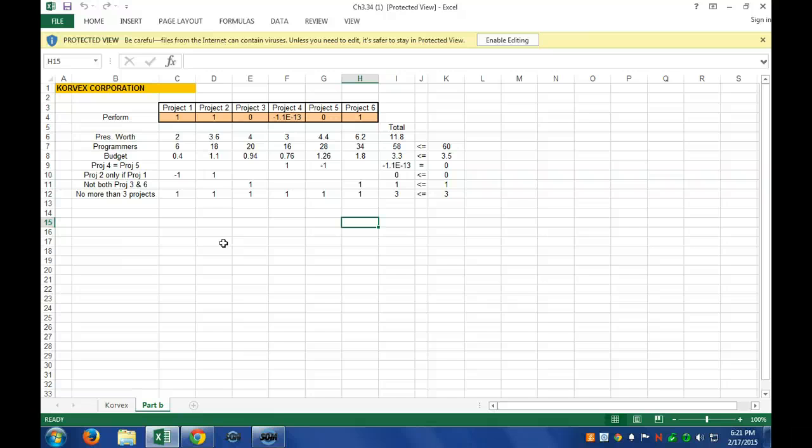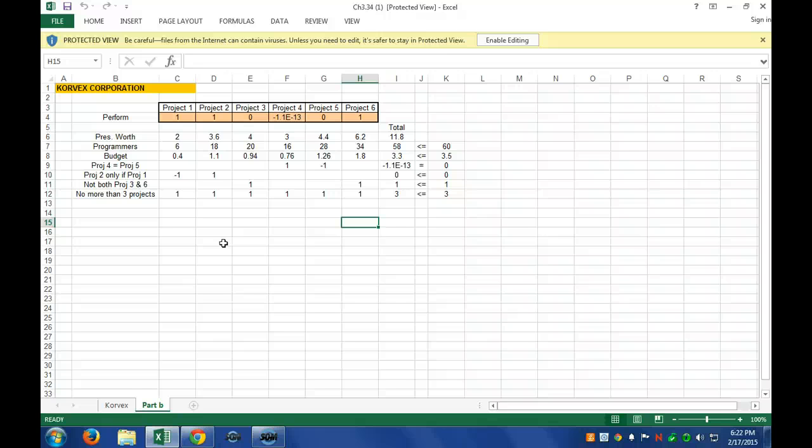That ends up giving us a present worth of 11.8 million. We end up using 58 programmers of our 60, and 3.3 million. It looks like we do neither 4 nor 5. We do both project 1 and 2. We do project 6 but not project 3, so we're okay there. And we do projects 1, 2, and 6.